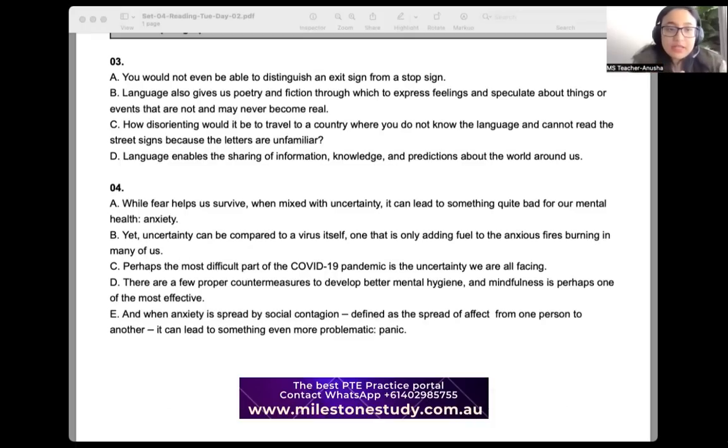Now I'm going to start explaining and giving you the answer because we can't be waiting forever, even in your practice time. You can always analyze your answer after you finish it. But when you are answering the question, don't take a lot of time, okay?